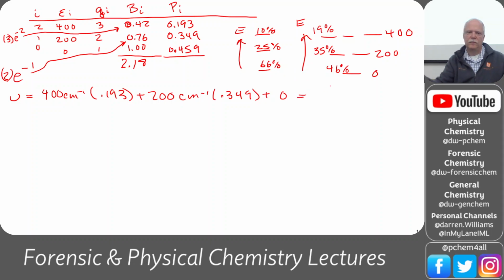So that's 147. Look at what happened to our internal energy. Since we've populated more excited states, our internal energy went up to 147 as opposed to 88.